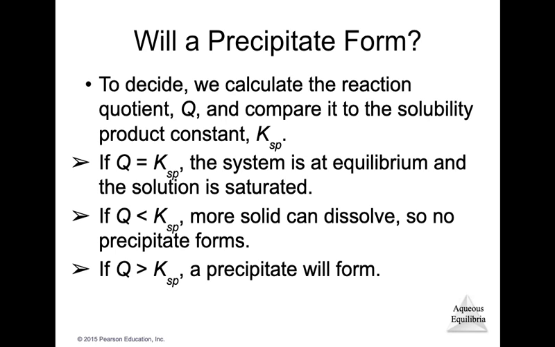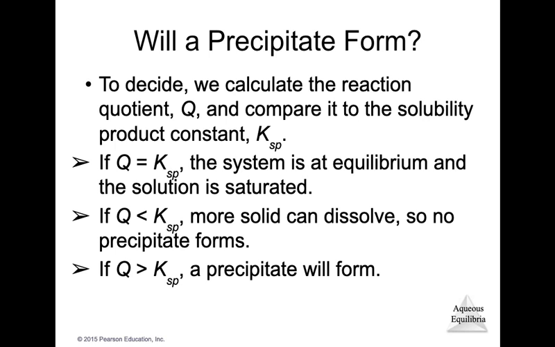To decide if a precipitate is going to form, you calculate the reaction quotient, Q, which you should remember from chapter 15, and compare it to the solubility product constant, Ksp, which is in Appendix D or will be provided to you in some way. It's similar to comparing the reaction quotient to the equilibrium constant. If Q equals K, the system is at equilibrium and the solution is saturated.